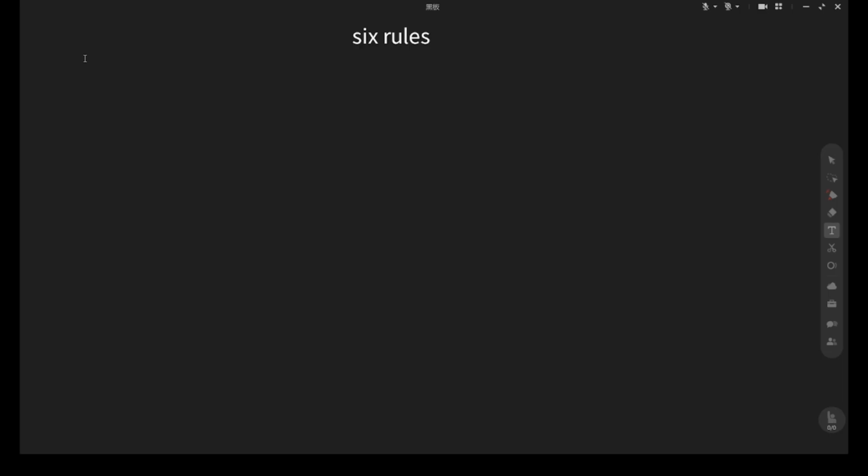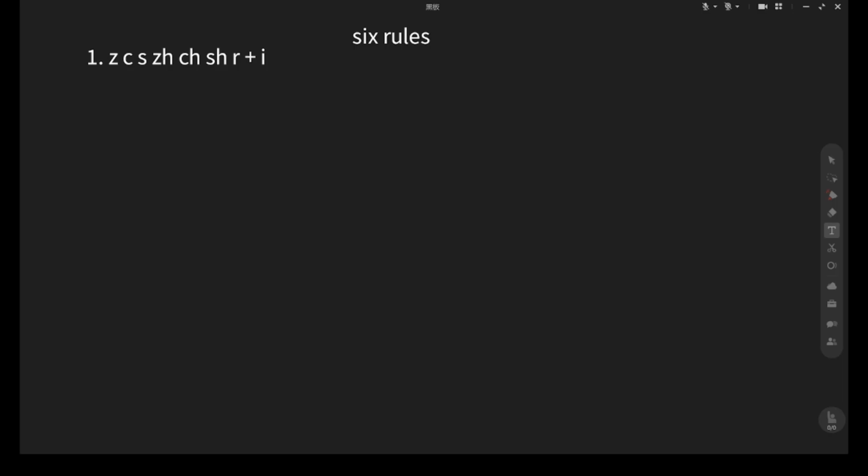So the first rule is, you see, when this group is with this vowel together, how do we read this group? Do you remember?